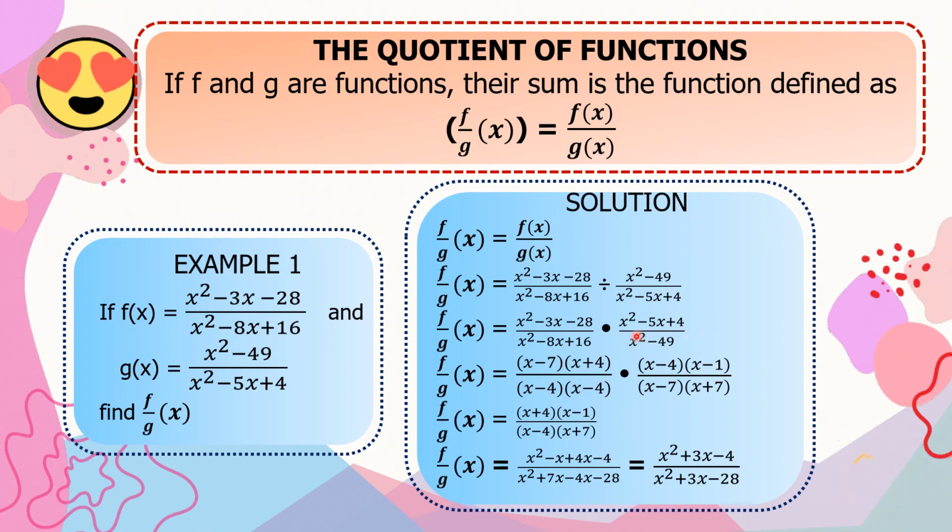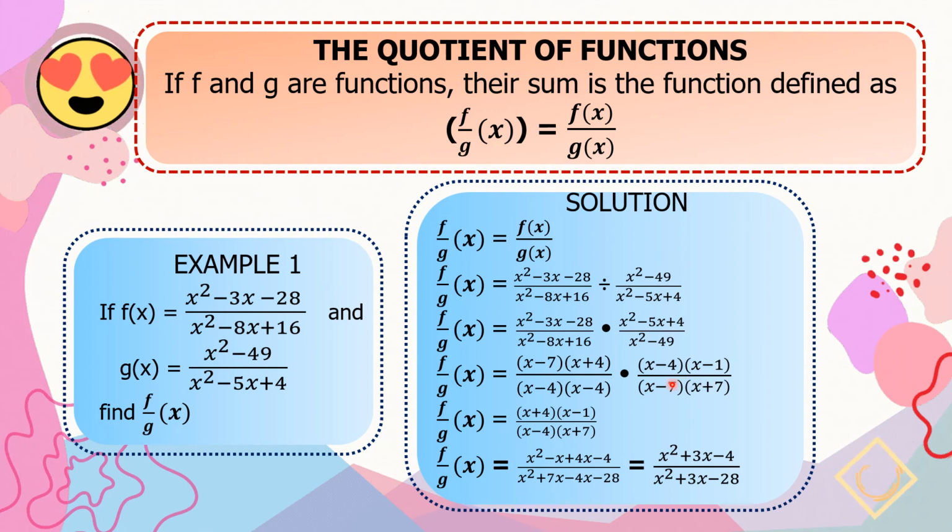Next, we have x squared minus 5x plus 4. Its factors are x minus 4 times x minus 1. So, x squared is x times x. Then the factors of positive 4 are negative 4 and negative 1.